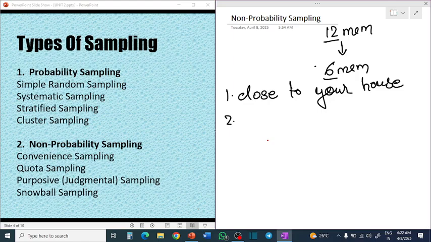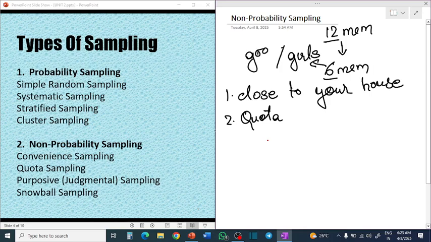Second, we move on to quota sampling. Quota sampling is something in which you assign some qualities to the particular members. Suppose out of the 12 members, you will only select the members who are girls or who are good communicators, good in communication.